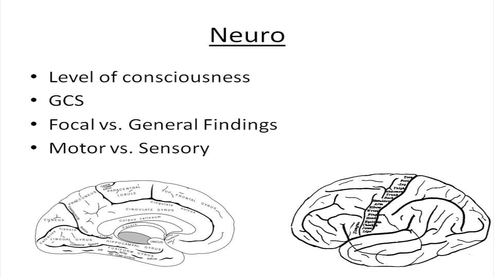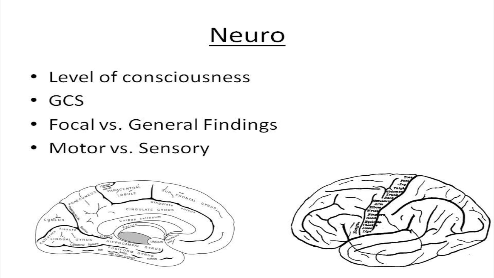If you think about our MEND exam or our FAST exam or whichever one we're doing, the LA stroke score, whichever one you might have heard, the whole point of those exams is to find something that's asymmetrical or something that is focal in nature. It's one side. My one hand doesn't work. My one leg doesn't work. This side of my face doesn't work, which again is very different from I'm having a seizure or I'm unconscious or I'm confused or altered mental status. So that's a very important distinction I want you to make in terms of neurologic findings, focal versus general.